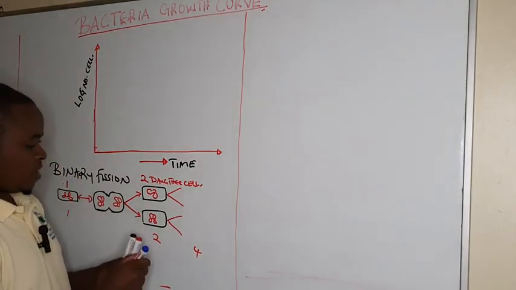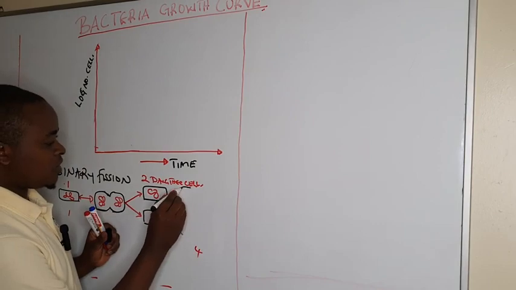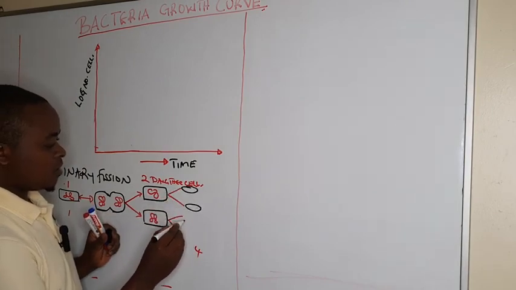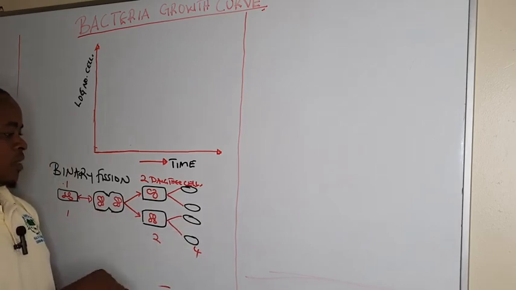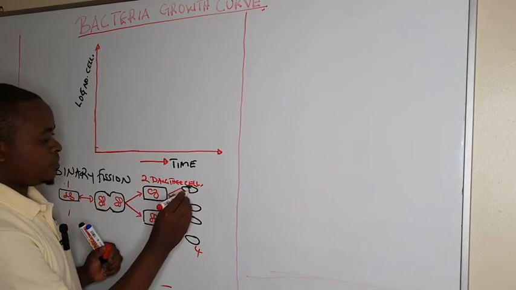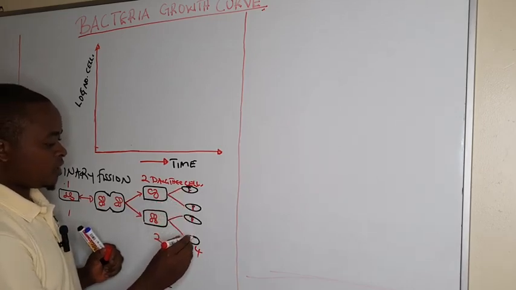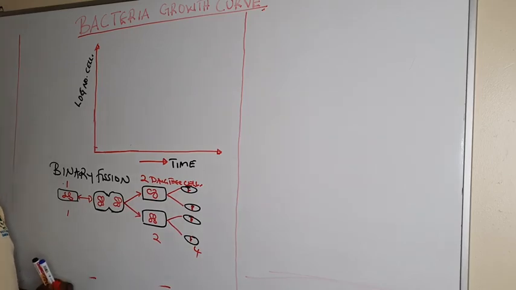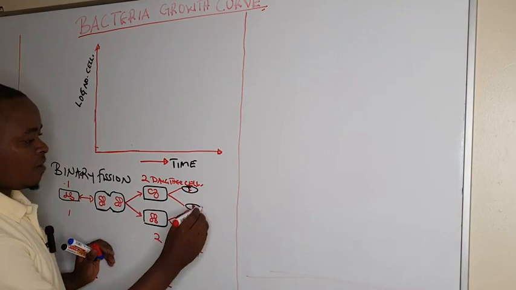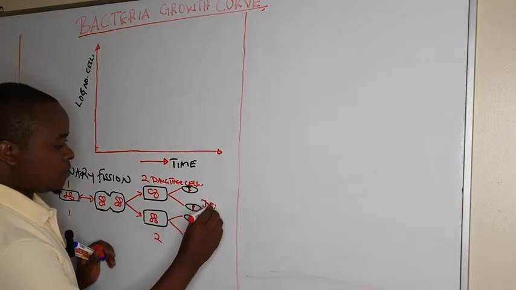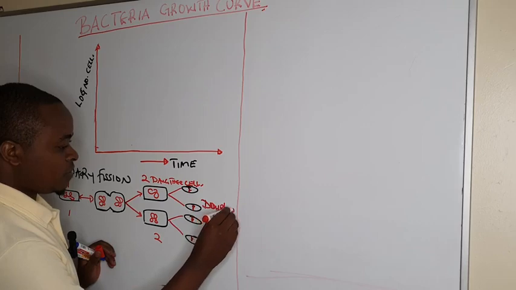After this replicating, we get two more bacteria, each having its own chromosomal DNA. This process is what we are calling binary fission, and it occurs by doubling of cells.